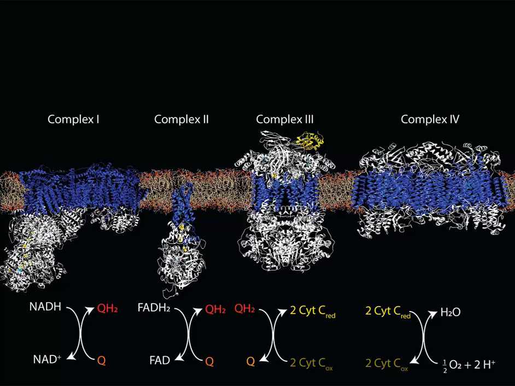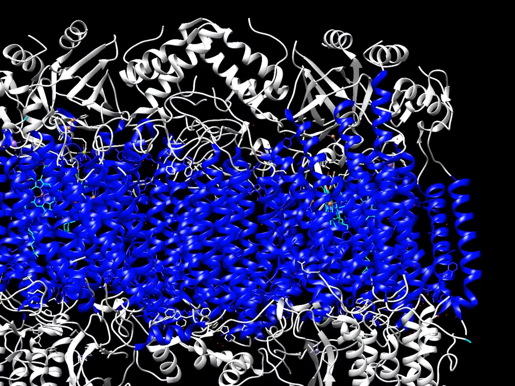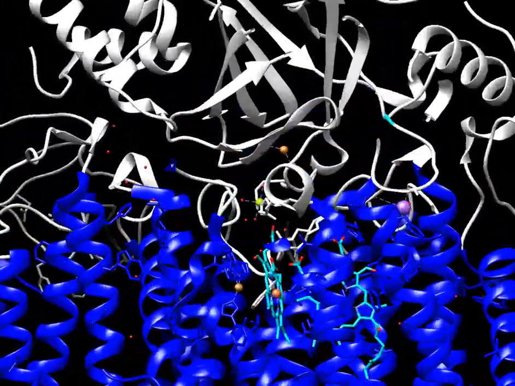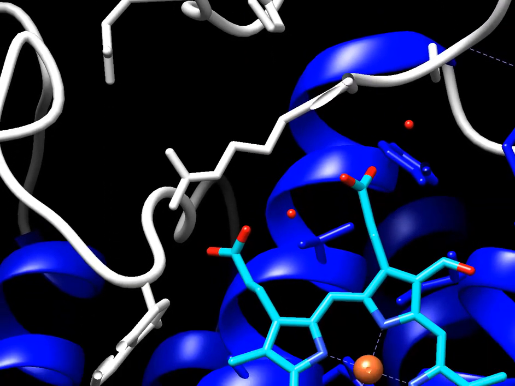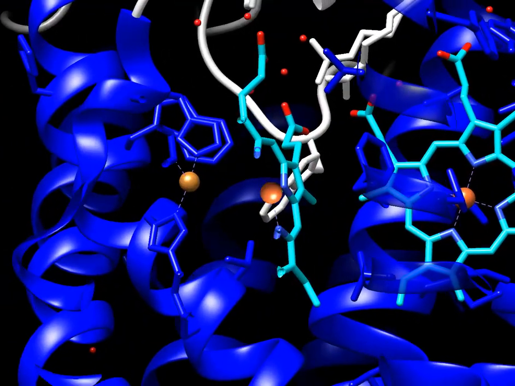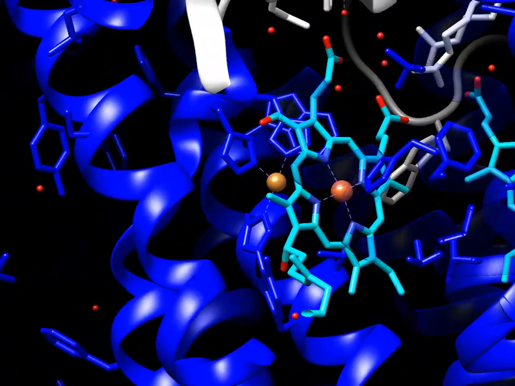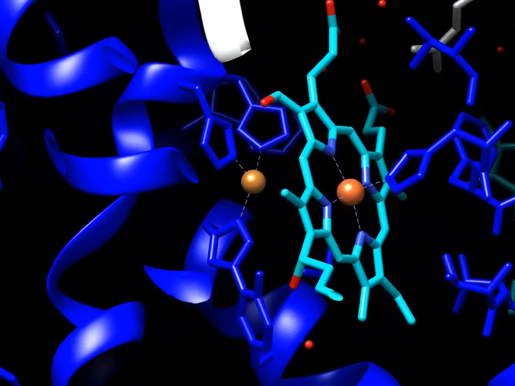Okay? Once cytochrome C has been reduced, it will then travel over to complex 4, where it passes through first this really cool binuclear copper site, which is composed of 2 different copper atoms, and then it's passed through a heme group, and then ultimately onto the active site of the enzyme, which is composed of another heme as well as another copper.